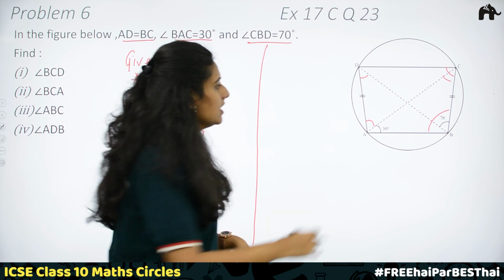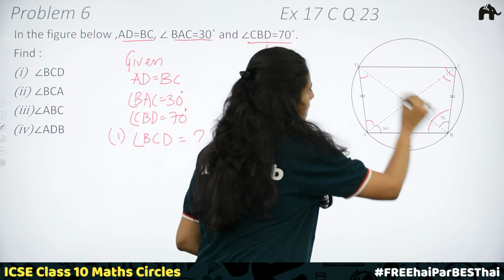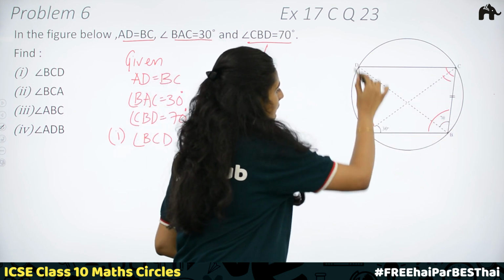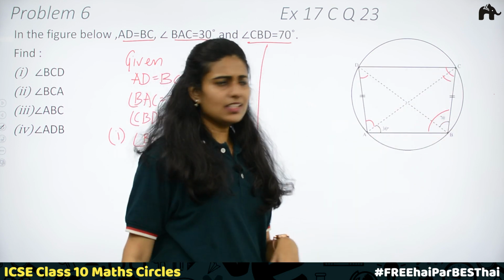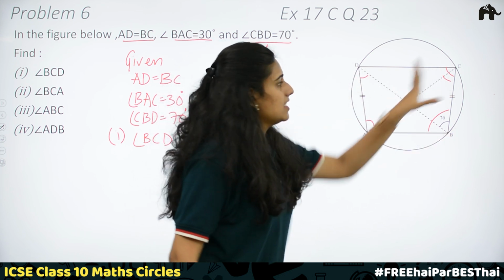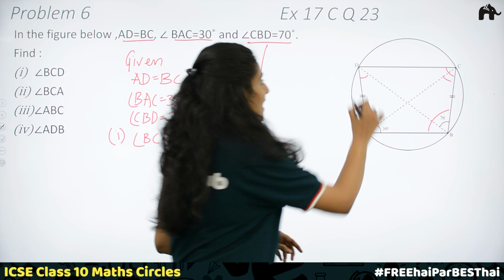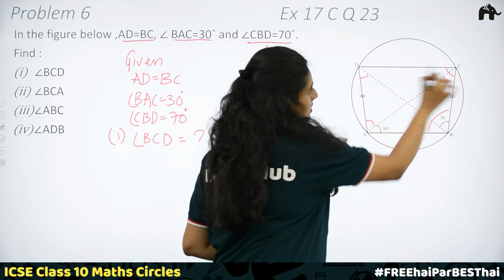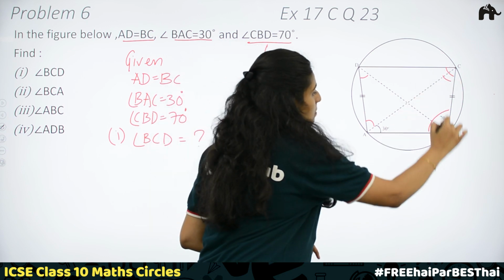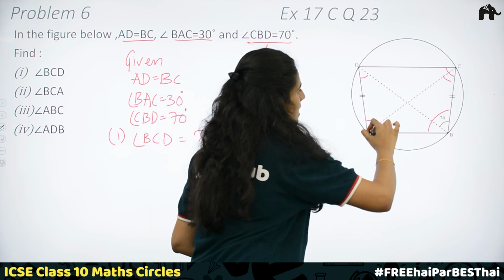Here, it is given that angle CBD is equal to 70 degrees. What is the relation between CBD and DAC? Yes, when you consider this arc or this chord CD, it subtends angle CBD and CAD.